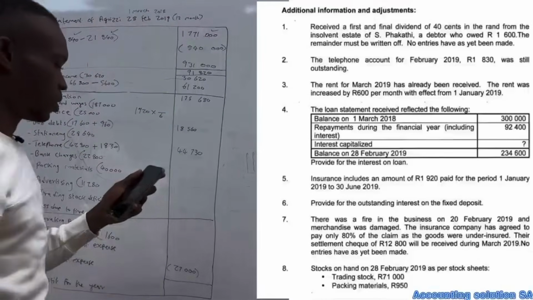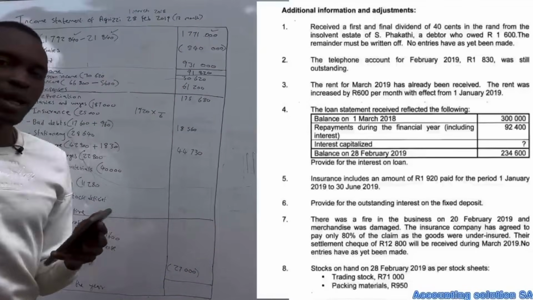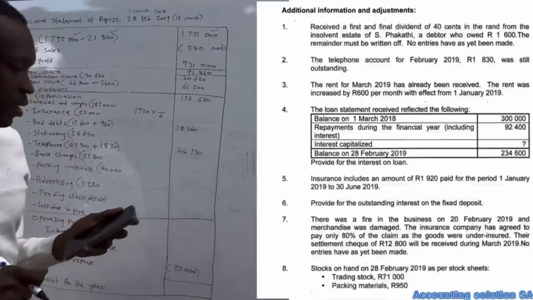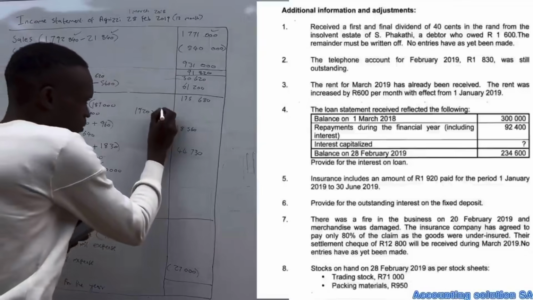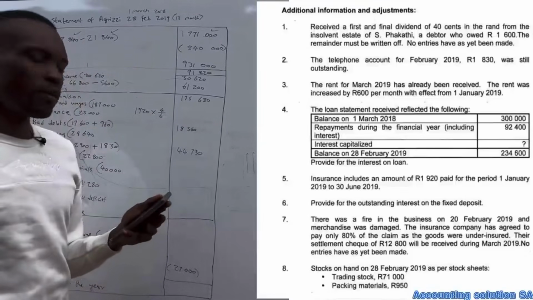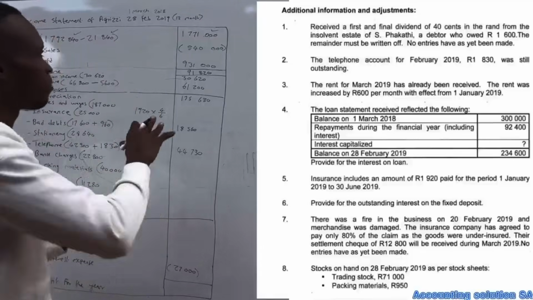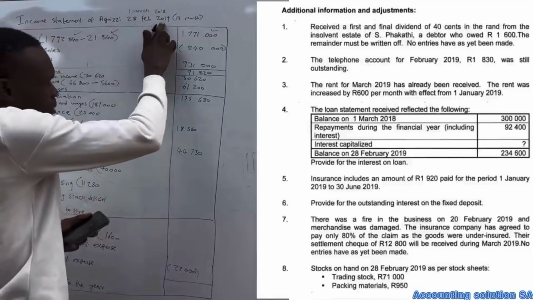Then now, we want to split. We want to take out those months that do not belong here. It's how many months? It's going to be 4, because it's from March up to June. It's 4. Those 2 months we don't have to subtract. They belong here because they are still within this period.